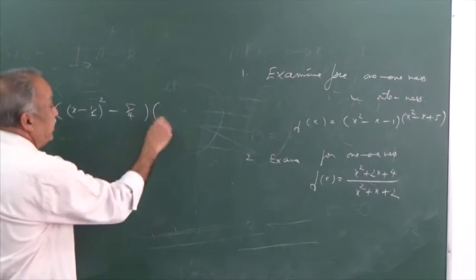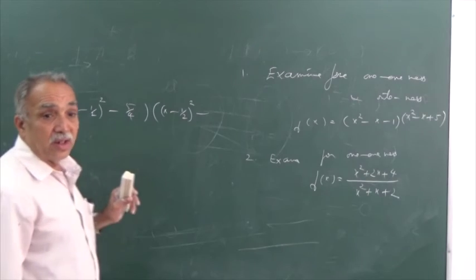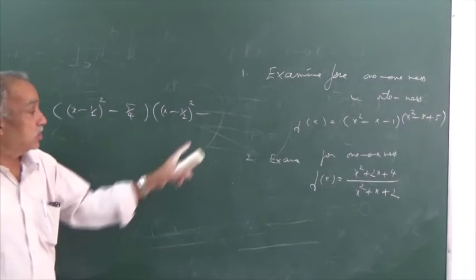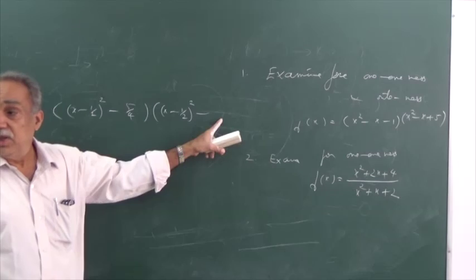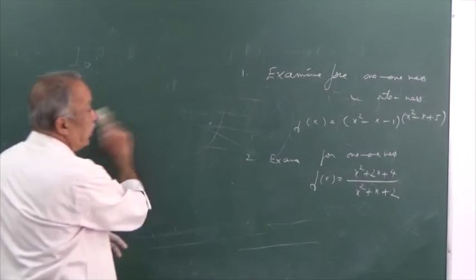The other factor is x minus half whole square minus... This is not serving my purpose because I will be getting a different number here. No, I will change track. No, this is not suitable for me.